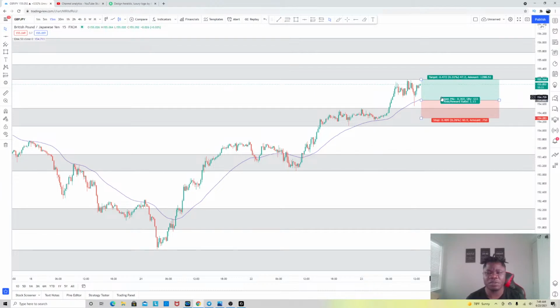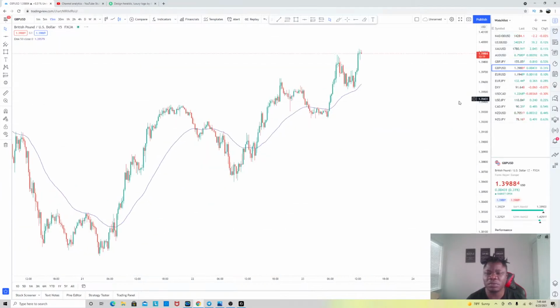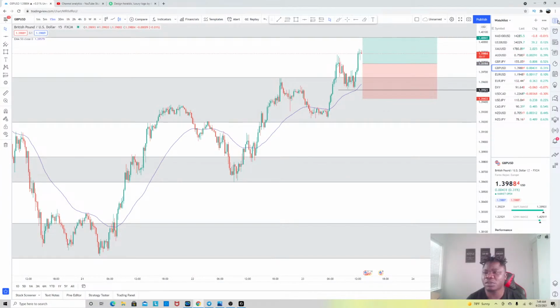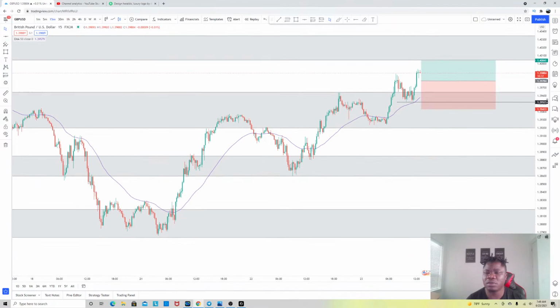So we got GBP JPY in profit. We got GBP USD currently in profit as well. We have GBP USD in profit for 10 pips.